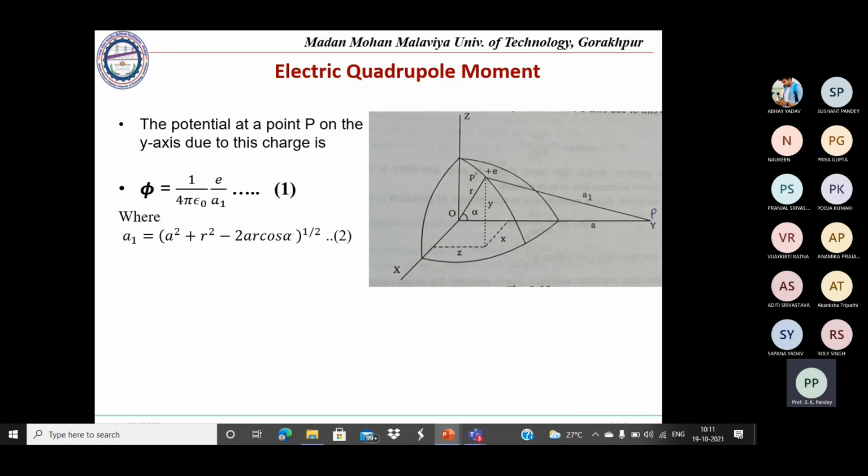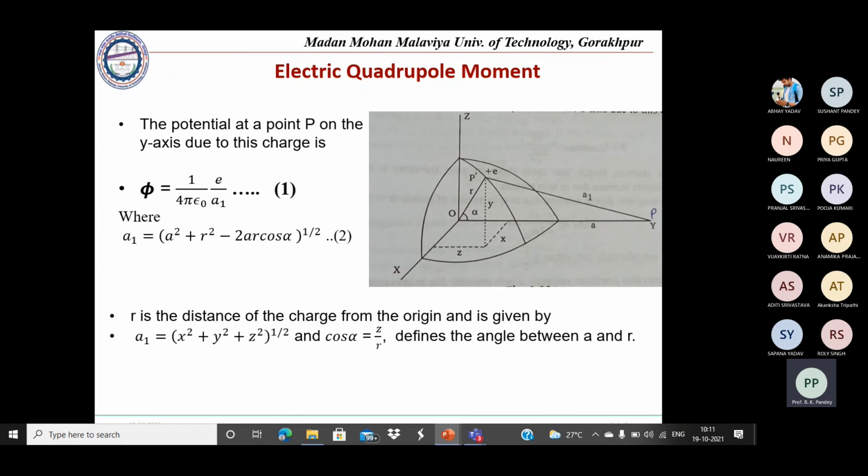Now this can be understood only if we know the spherical polar coordinates. That is, A1 is equal to A square plus A square plus R square minus 2AR cos alpha whole to the power half, and R is the distance of the charge from the origin.